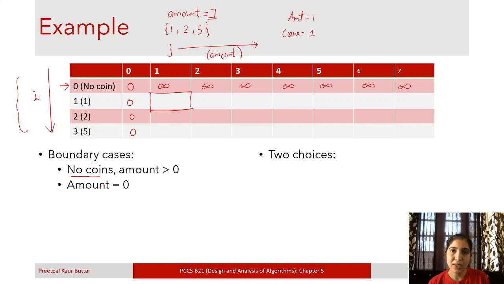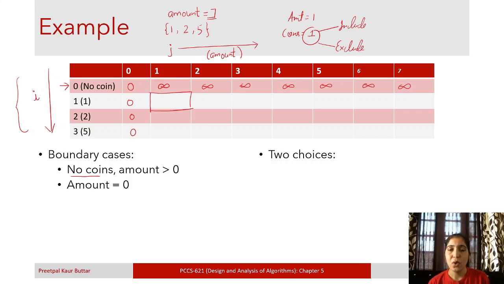Okay, so this is a subproblem, and for this subproblem you have two choices. One is to include this coin. You can take a 1 rupee coin, or you can exclude this coin. You choose not to take this coin.